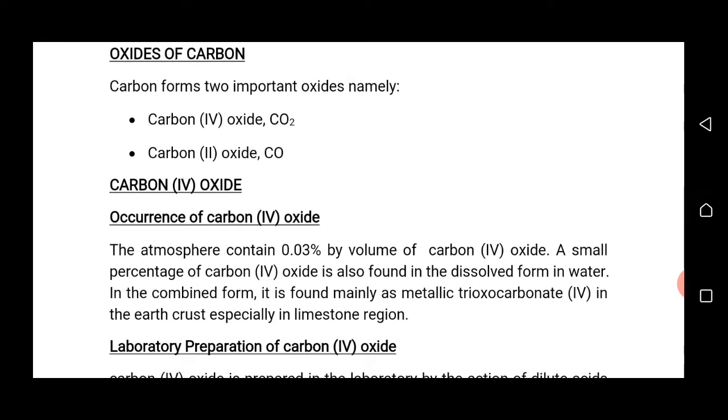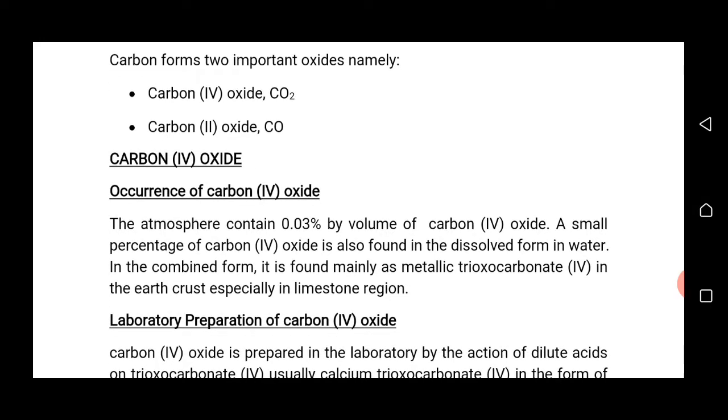When we are talking about oxides, it is a reaction between any element and oxygen. So when we are talking about oxide of carbon, it is a combination of carbon and oxygen.